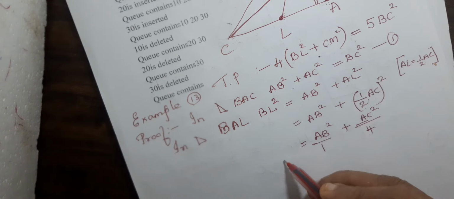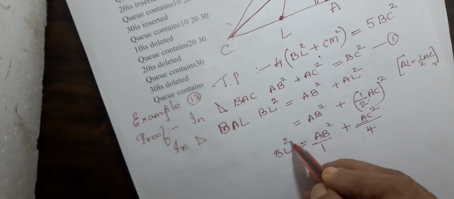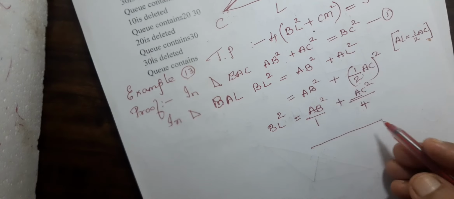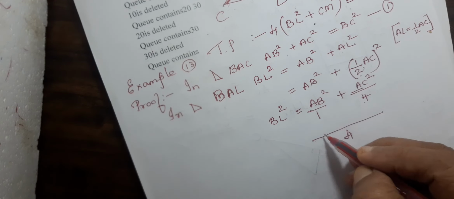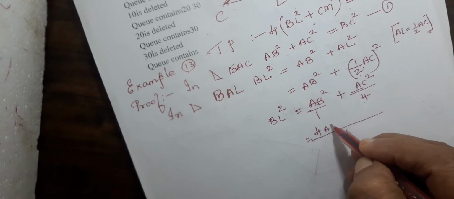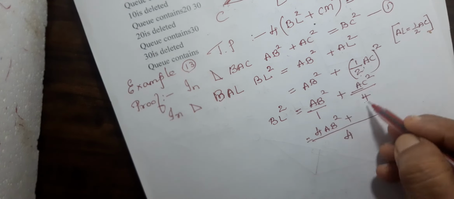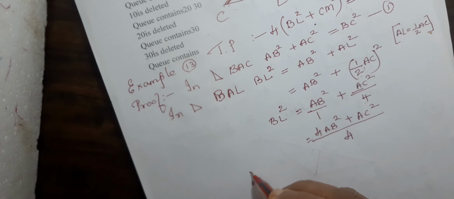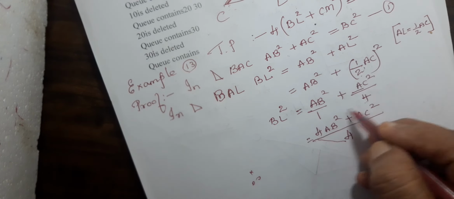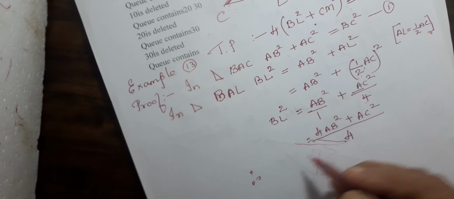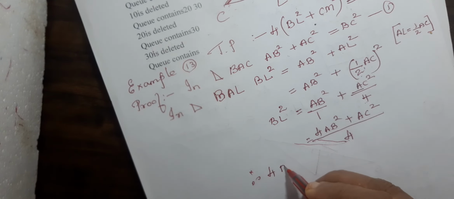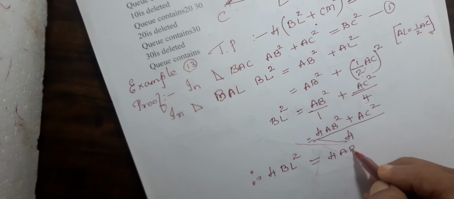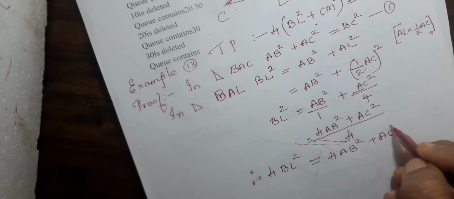Now I will take the LCM here because there is fraction. So 4 is the LCM. So I get here 4AB squared plus, here 4 cancels, so AC squared I'll just get. And then I'll take this 4, this is a fraction now, to the left hand side. So I get there 4BL squared is equal to 4AB squared plus AC squared. I'll get something like this now.